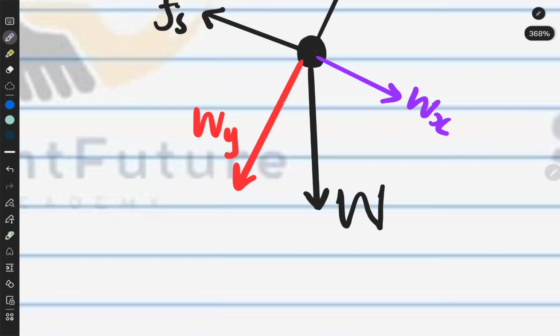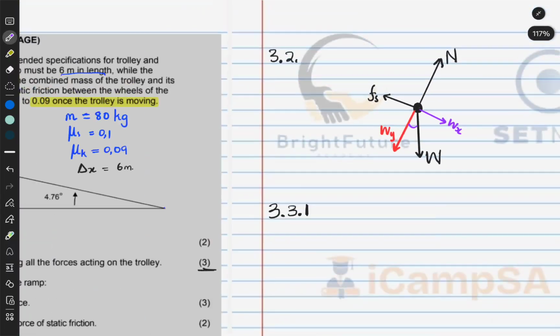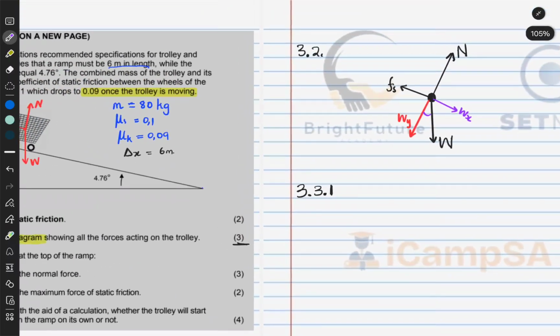Remember, we put our angle here between the y, or perpendicular component, and the actual vector itself. That would be 4.76 degrees in this case.